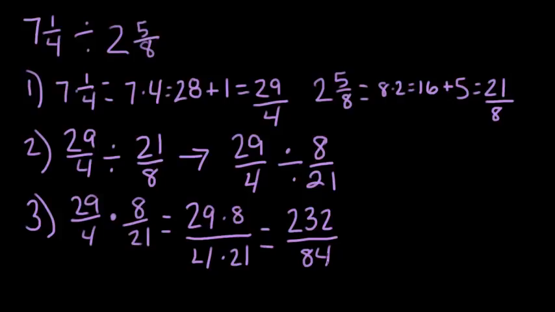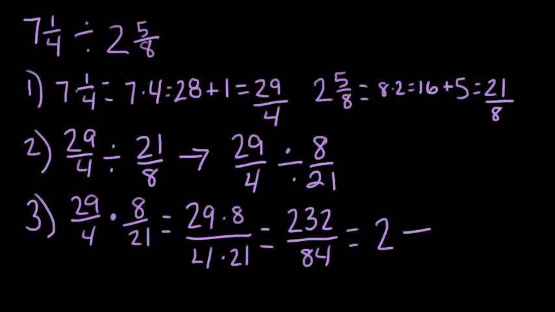So we want to see how many times 84 goes into 232. Simply guessing, 8, 16, 24. So we know it's not going to be 3 times because 8 times 3 is 24. So we know it's going to be 2.